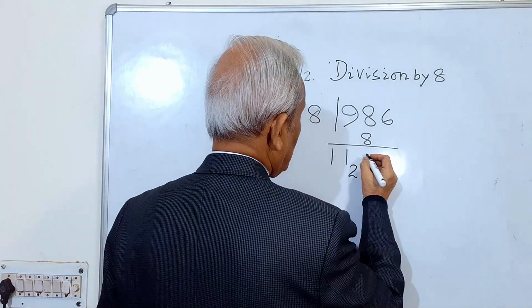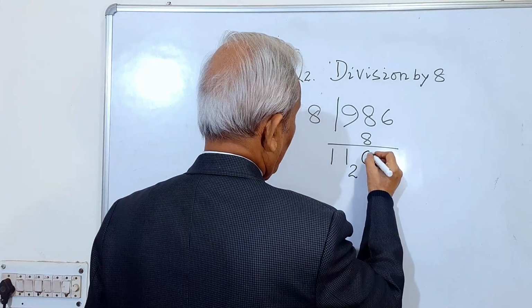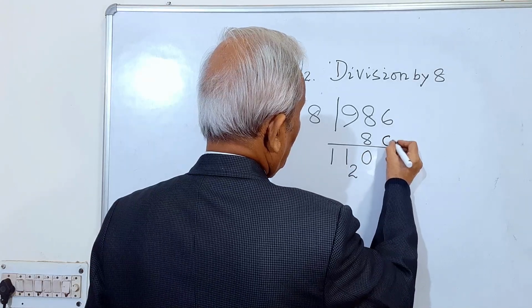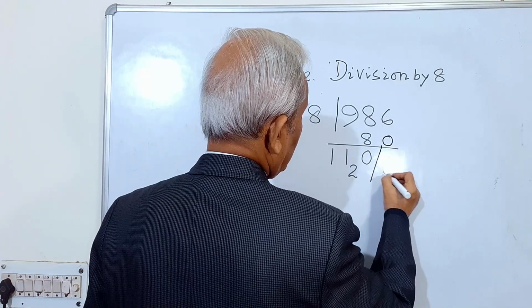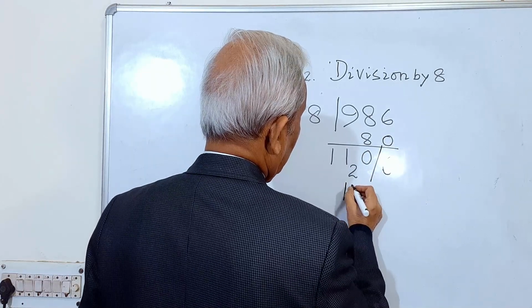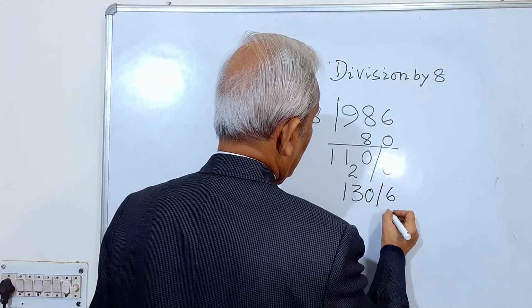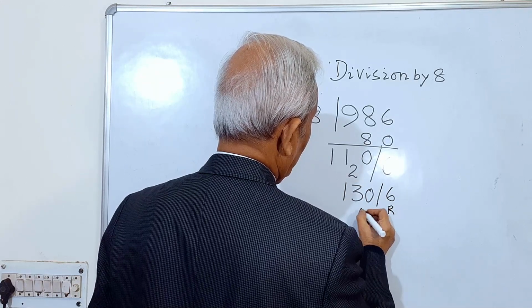What's remaining? 16 minus 16 is 0. Now 8 into 0 is 0, so 0 put here. Here is 6. The answer is 120 is the quotient and 6 is the remainder.